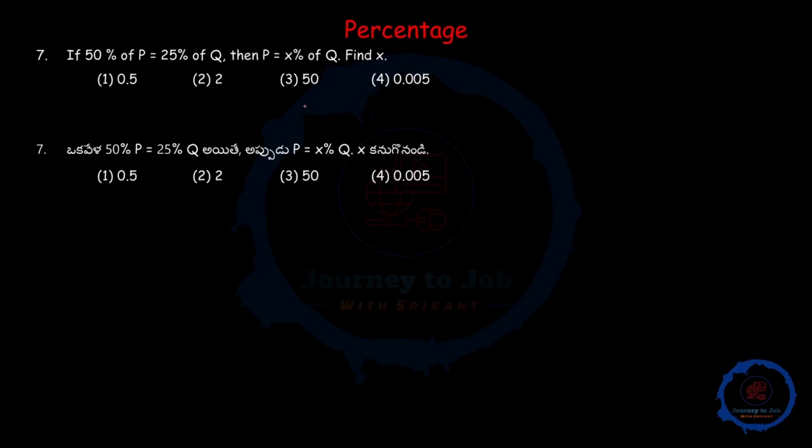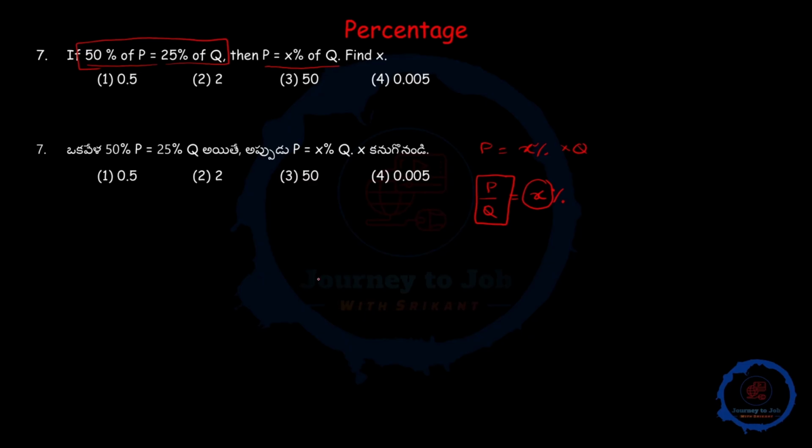Now question number 7. P is equal to x percent of Q, find x, and he has given one equation to find the relation between P and Q. So P is equal to X percent of Q means P by Q is equal to X percent, or if you find the P by Q fraction, you will get X percentage.